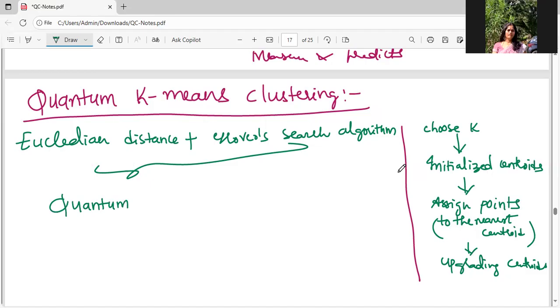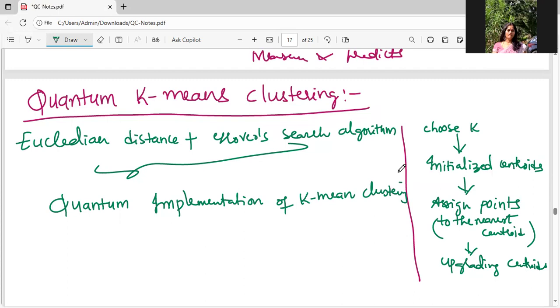Suppose I want to implement it on a quantum computer, then these two things are combined and used. Quantum implementation of k-means clustering or k-means algorithm, whatever.